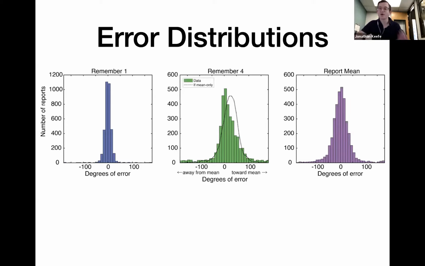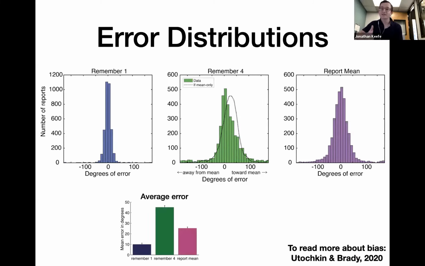Now, just to try to summarize what we see in these distributions, I'll start by plotting the average error in each task. On the y-axis, we have error in degrees, and on the x-axis, each task. As we see by the differences in the shifts of these distributions, subjects were most accurate in the remember one task, least accurate in the remember four, and somewhere in between in the report mean.